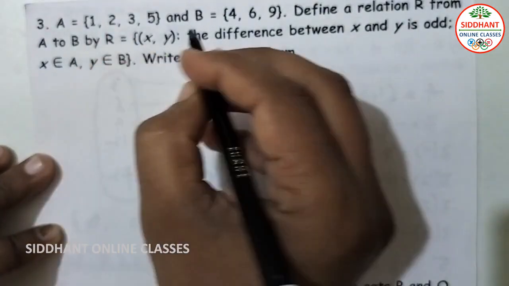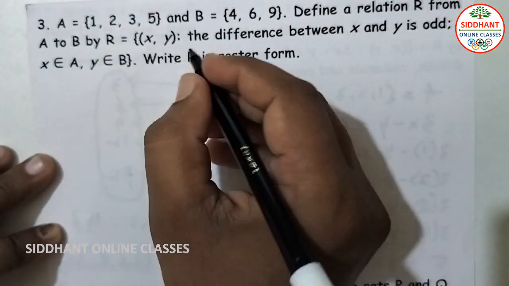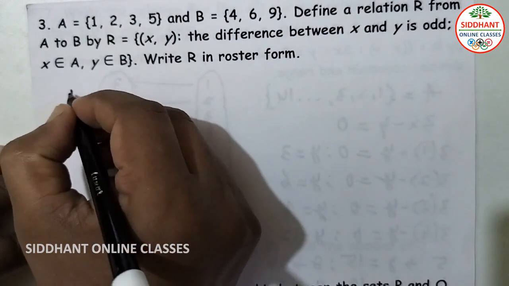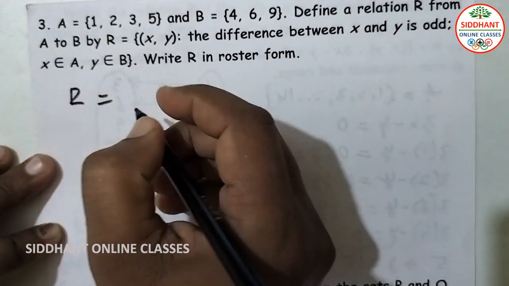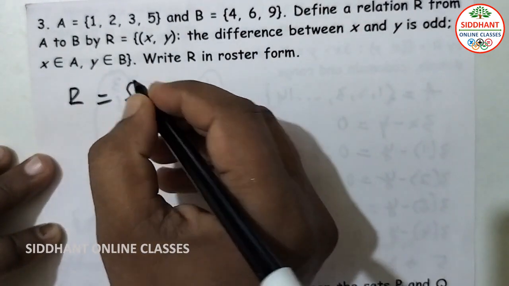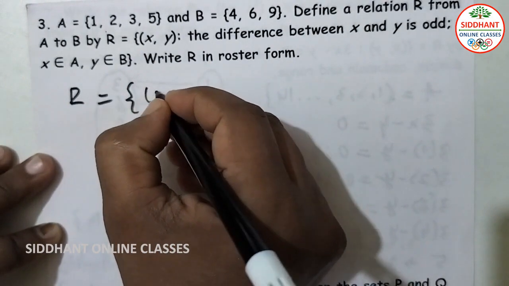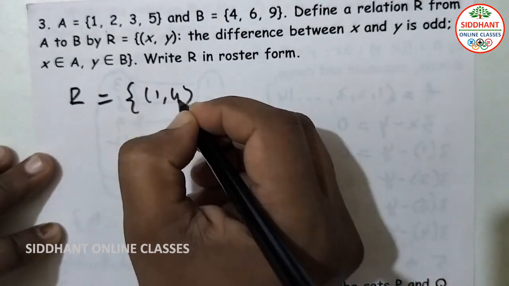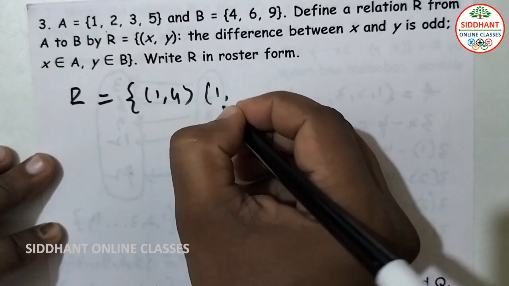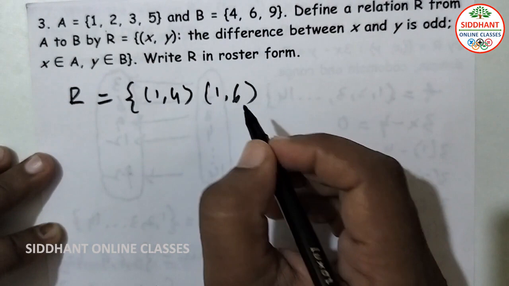The condition is that the difference should be odd. First, 1 and 4: the difference is odd, so we get (1, 4). Next 1 and 6: the difference is 5, which is odd.